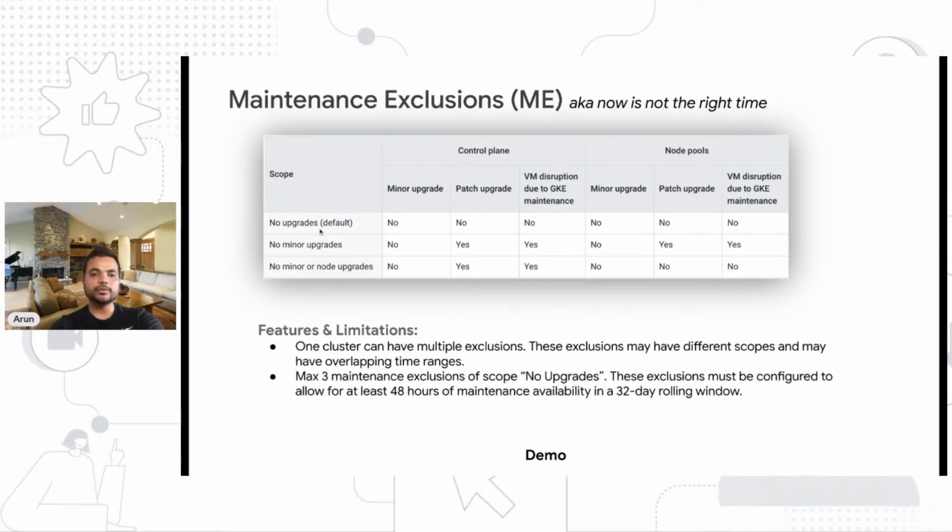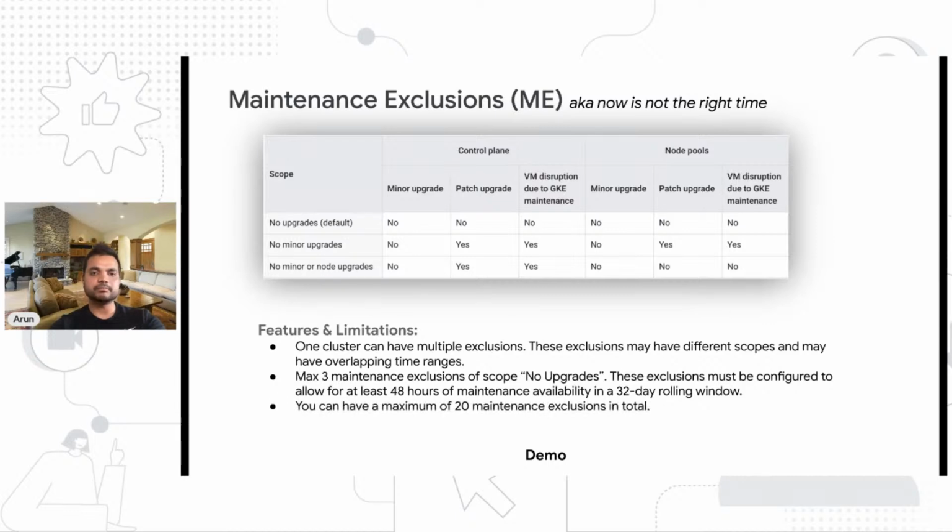And since no upgrades means do not upgrade anything, although we have provided this control to the customers, it comes with a 30 days window, and also after every 30 days you have to give us 48 hours of maintenance, because in the last 30 days you did not upgrade anything. So there might be pending upgrades, pending patches, pending versions that we may need to roll out. And so for that we need at least 48 hours of maintenance window.